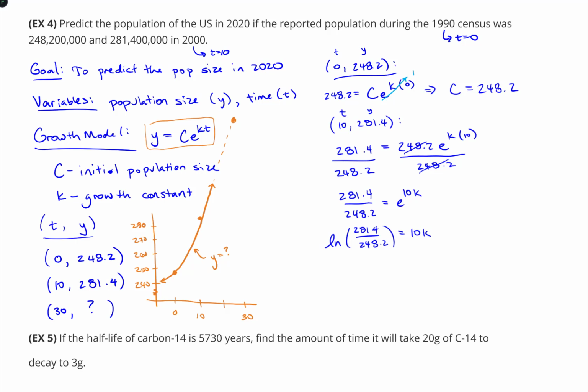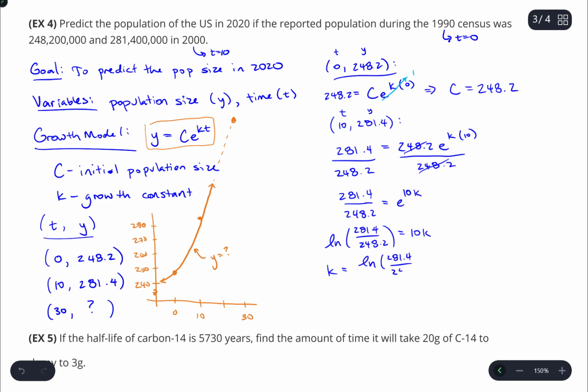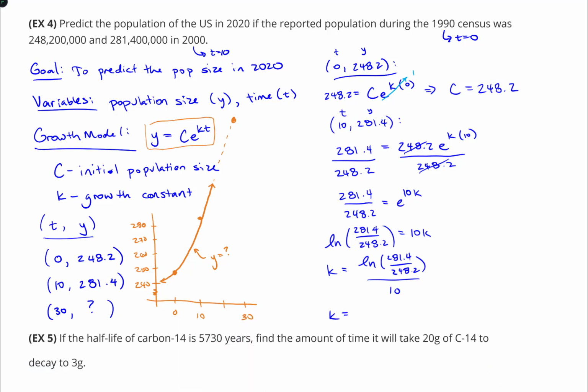But that's definitely something from earlier courses. And then we can solve for k just by dividing by 10. So this would be the natural log of all of this business divided by 10.